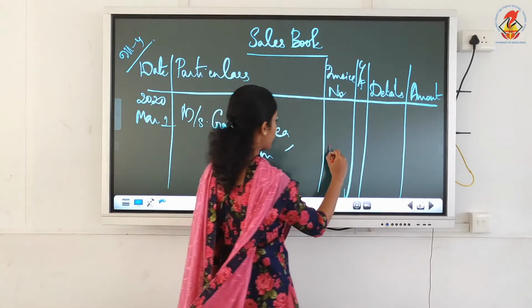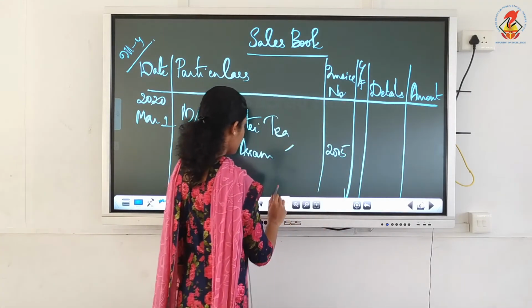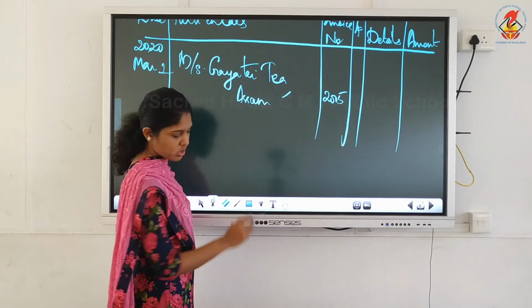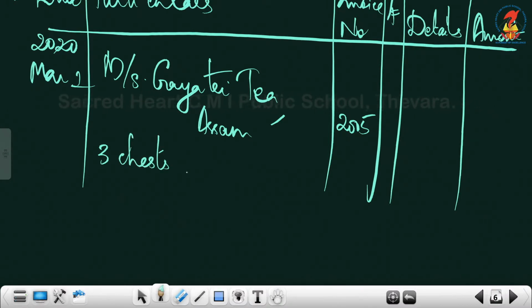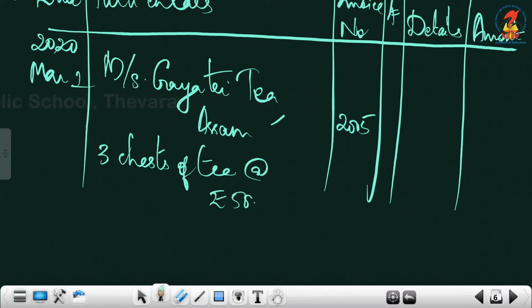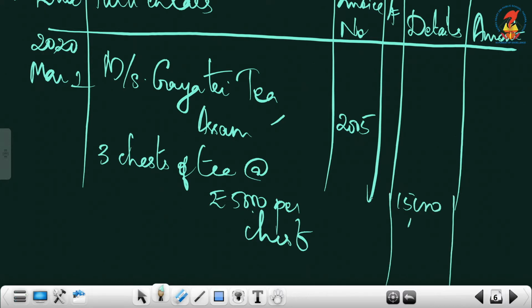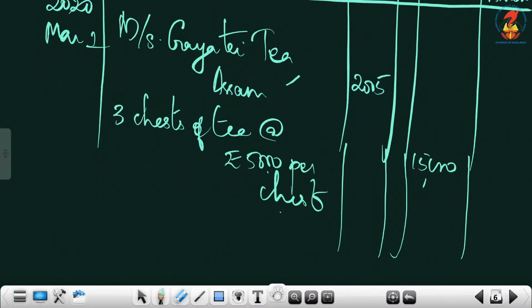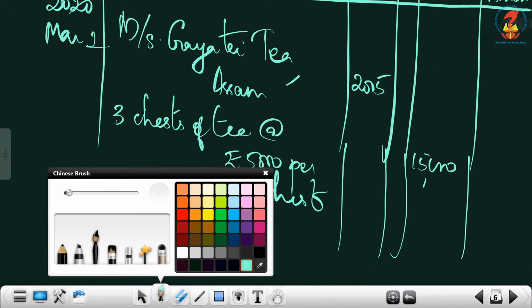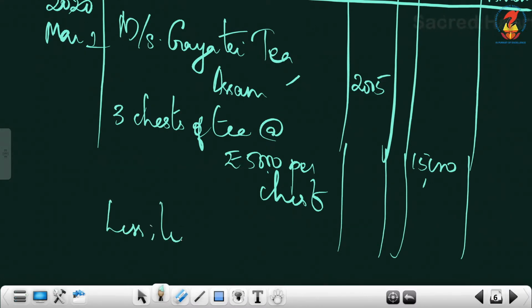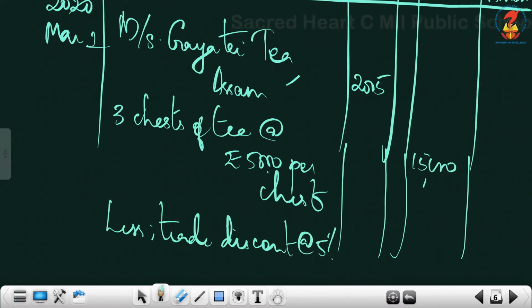Invoice number is 2005 that you write, and under this customer's name you write the item you sold, 3 chests of tea, the rate of rupees 5,000 per chest. So the details column, it will be 5,000 into 3, 15,000. Then the next item is, okay, only one item is there, then less trade discount at the rate of 5%.